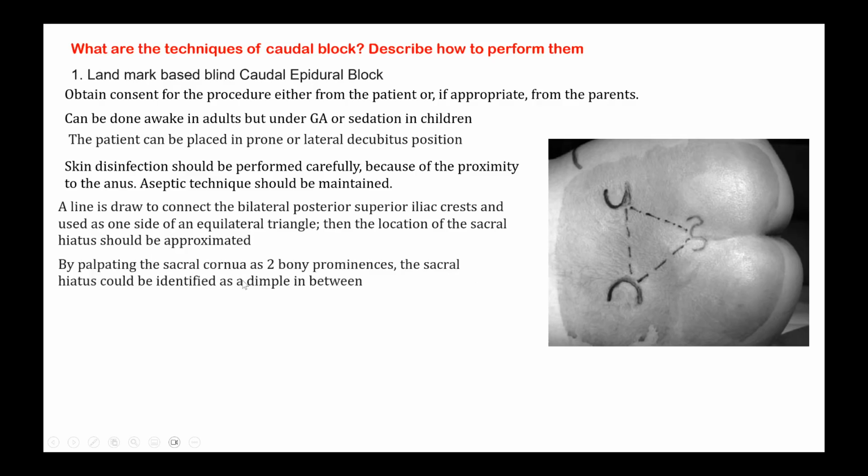Then by palpating the sacral cornua, which are the two prominences that have been marked here, the gap or depression between these two bony projections is called the sacral hiatus. And you can use any size; 25 will be too small. You can use a 22 to 23 gauge IM needle, short dual intramuscular.